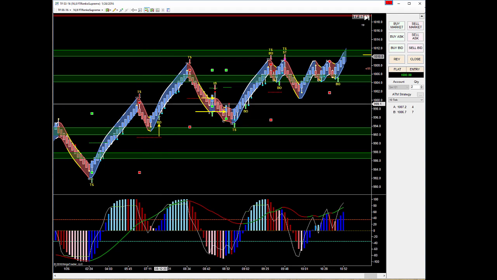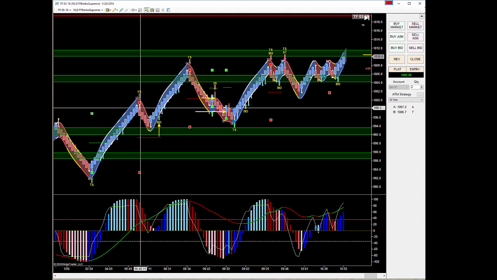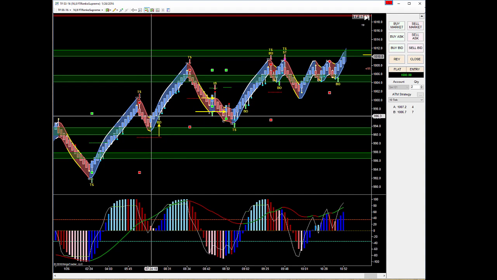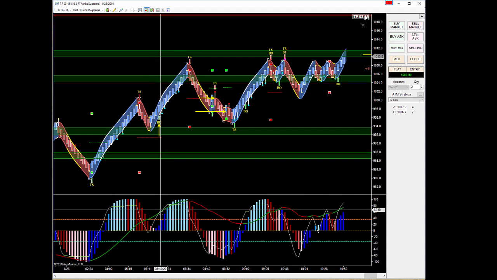Now price comes back up and does the little breakout here, and you take that for 2 bars. So what you lose here, you get back there. By the time the blue bar comes, that's about a break even.